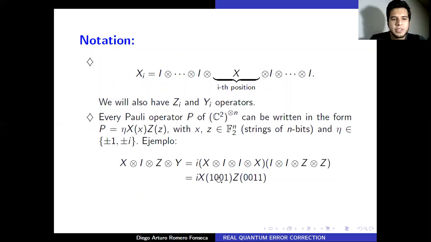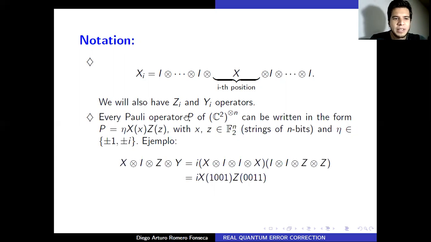Okay, to continue with this talk, we must introduce some notation. For example, in Pn, the element X sub i is the tensor which in all positions has the identity matrix except in position number i, where it is the X matrix. In the same way, we can define Z sub i and Y sub i.